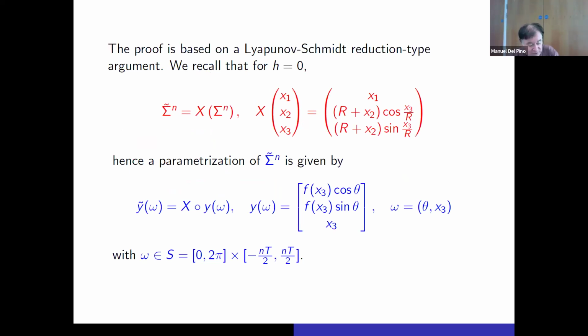The proof is based on a Lyapunov-Schmidt type reduction scheme.